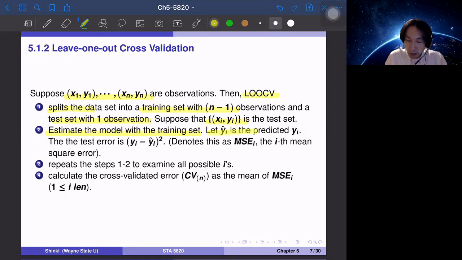Then we predict yi by that model, and suppose the prediction is yi hat. Then we calculate the squared residual, yi minus yi hat, squared. Basically, we repeat this for all i's. Then we take the average of this, the mean of MSE.